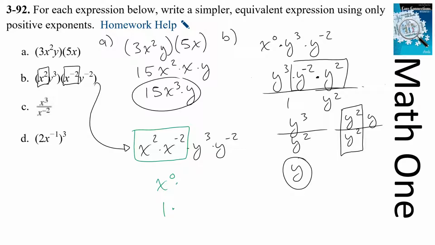Now, if I do something similar with the y's, it turns out that y to the third times y to the negative second is y to the first, which is just y. So you can quickly see if you have identical bases, you can add the exponents, and I very quickly get to the answer that y is the simplest form for part B.